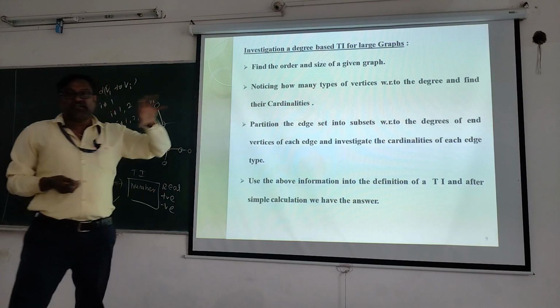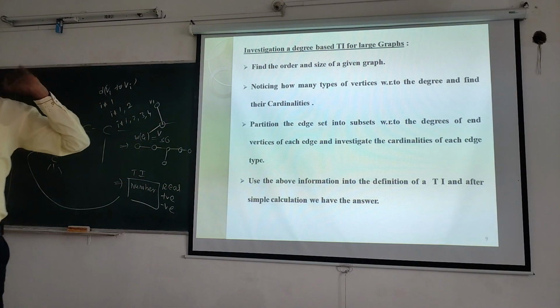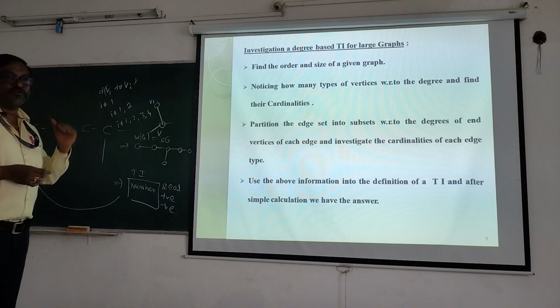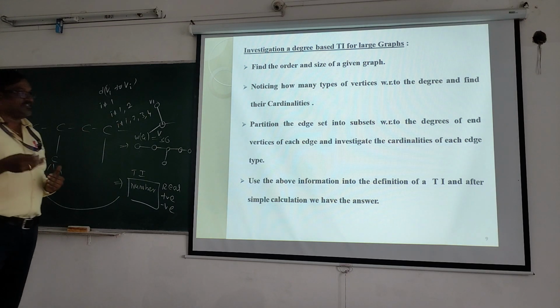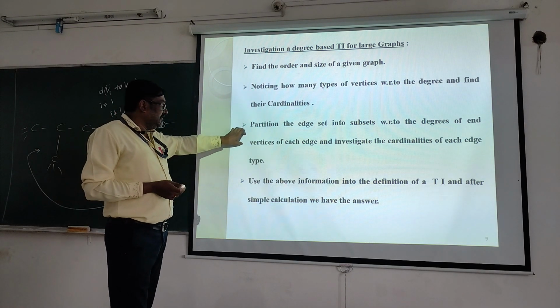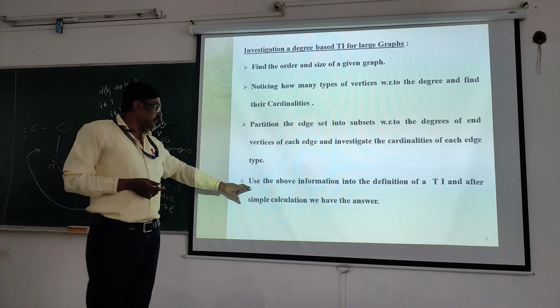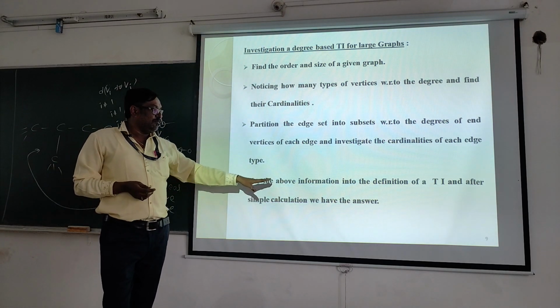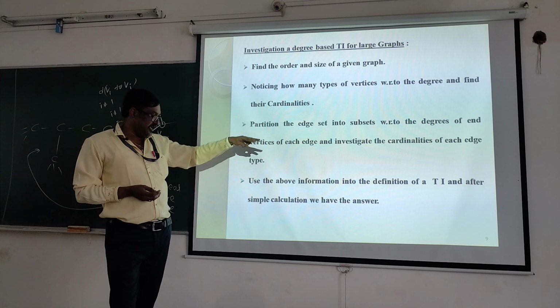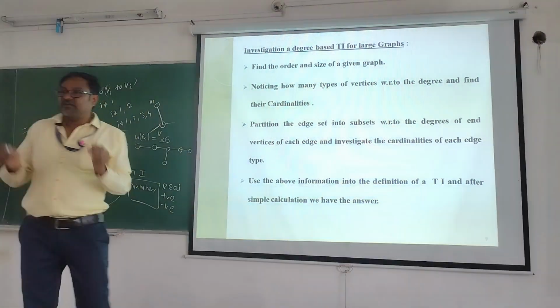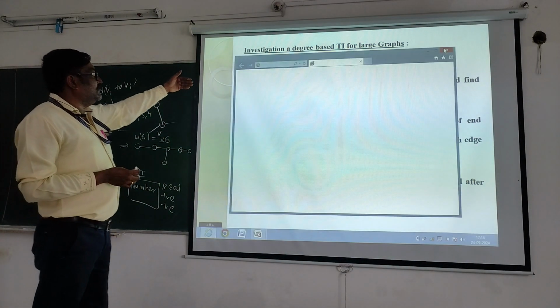Third, partition of the edge set into subsets with respect to the degrees of the end vertices of each edge, as well as investigating their cardinality. And last, use the above information in the definition of the topological index, and after simple calculation we have the answer. So we have 4 steps.